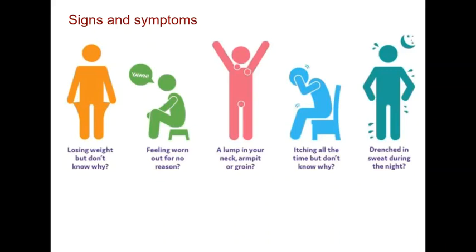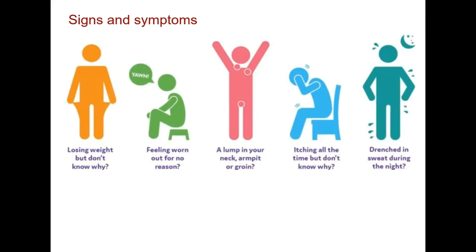There can be itching all the time, and there may be night sweats. Now you see, these signs and symptoms are also observed in tuberculosis. For example, even in tuberculosis, there is an unexplained weight loss. People are tired. If TB spreads, we see these lumps occurring in the neck and armpits.